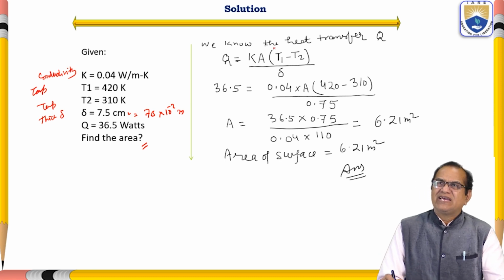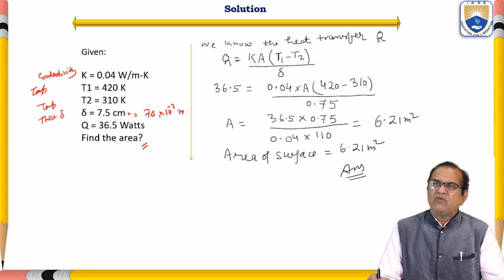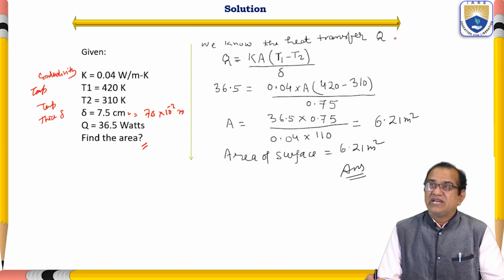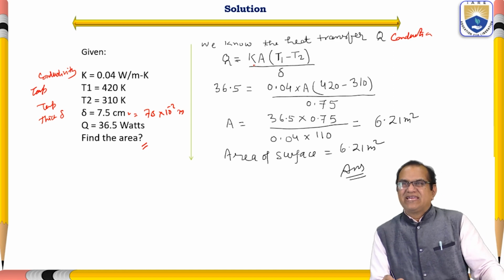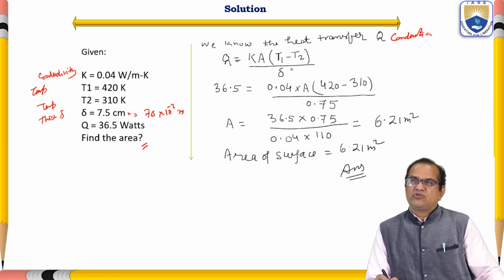We know the heat transfer Q by conduction is given by Q is equal to K A (T1 minus T2) by delta.